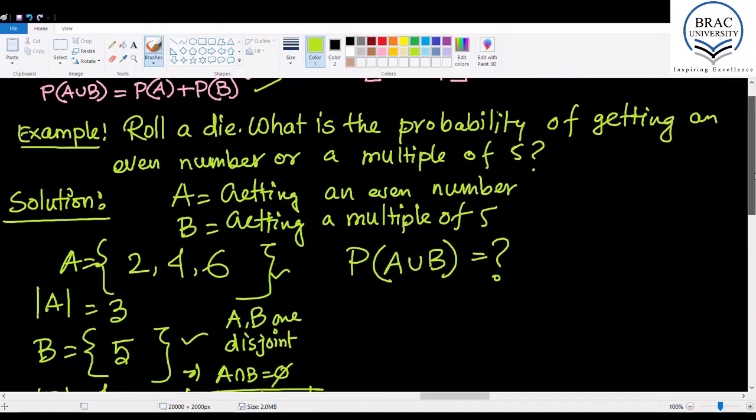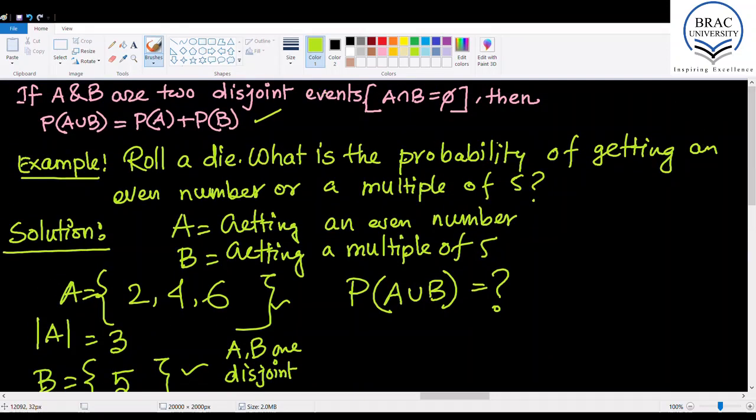Now, instead of using the formula here, we are going to prove this formula using the principle of inclusion and exclusion. You have studied it in your first lecture, so I hope you recall.